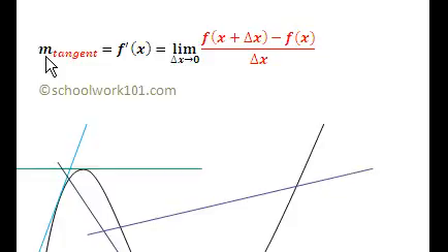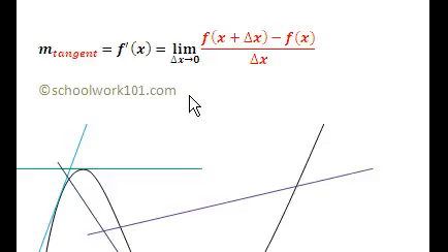Okay, so this time we want to find the slope of the tangent line, and it's equal to this notation here, f prime of x, with a little prime sign right there. I remember when I first saw that, I was like, what the heck is that? Is that a 1? But it's just a little prime. We call that a prime. It's equal to the limit as delta x approaches 0.